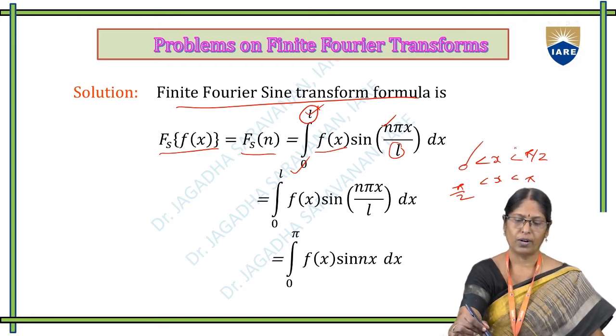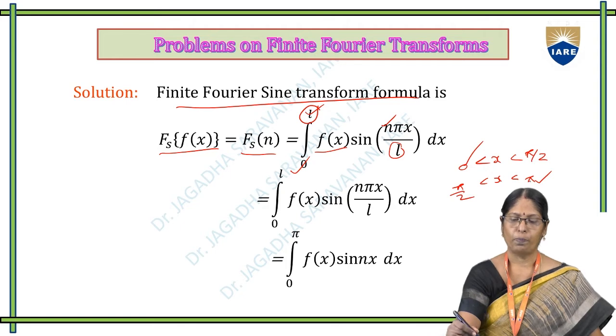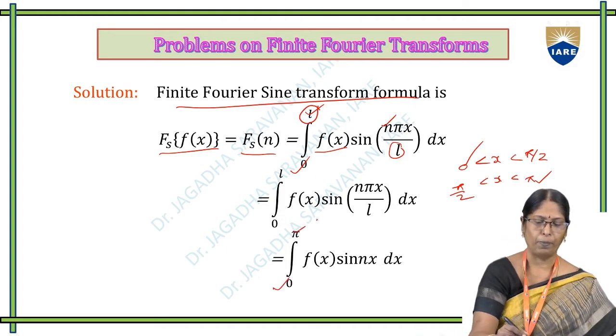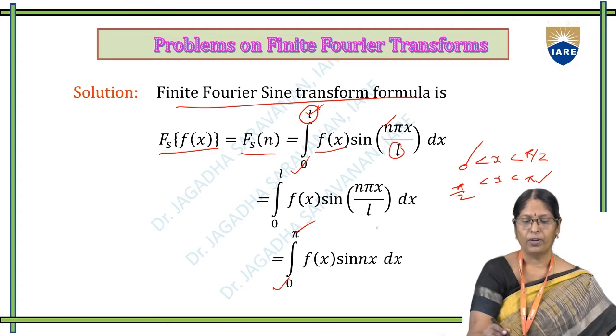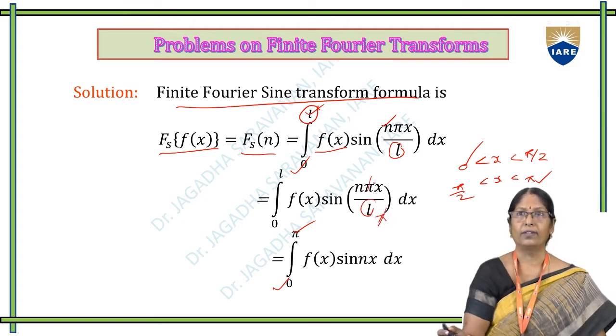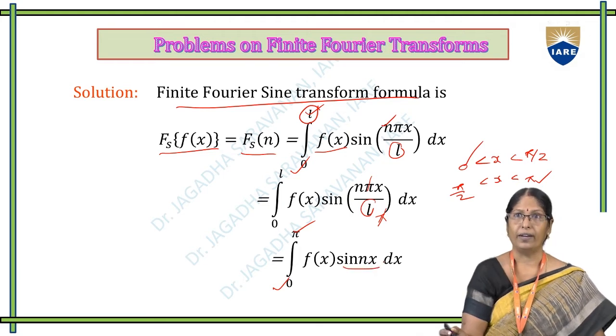So the starting limit is 0, the ending is pi. The formula is 0 to L, the length of the interval, so 0 to pi. Our L is pi, so substituting pi, the pi cancels and we get sine nx.